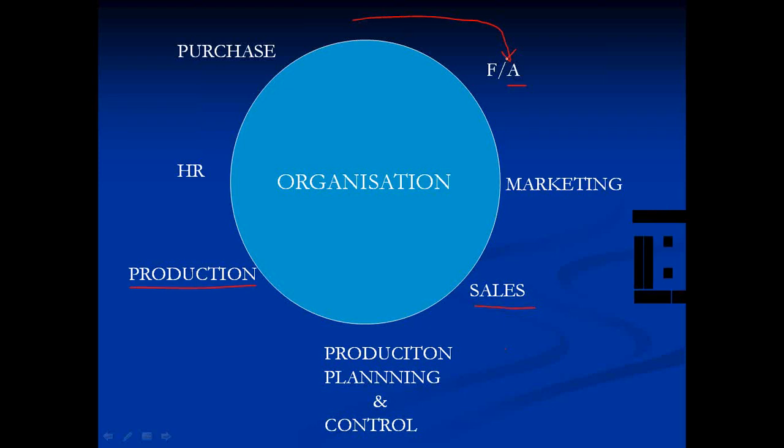For a particular decision making purpose, he wants to know the total amount of purchases that have been made as of today. In that case, the purchase department will give one figure and the finance and accounts department will give another figure because of the time lag. Because the purchase department is in Washington and the finance and accounts department is in New York.